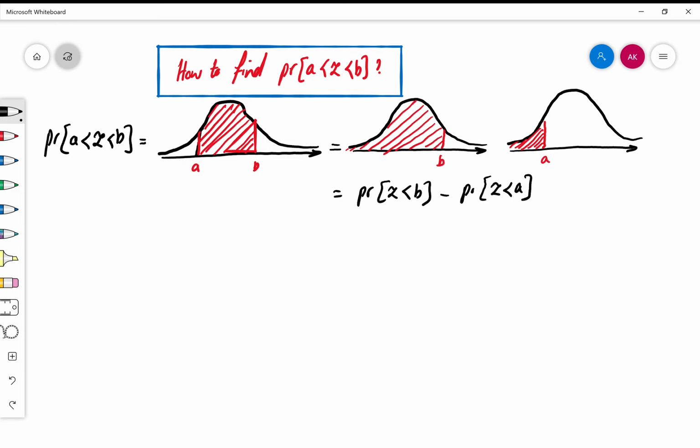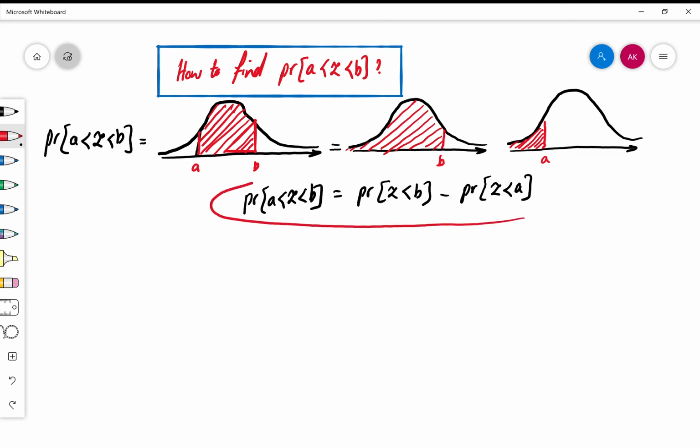Well, if a and b are positive numbers, we actually can find this from the table and we are done. If they're negative numbers, then we have to do what we learned in the third video to turn it to some values from the table. But in general, it doesn't matter if a is positive or negative, b is positive, negative.